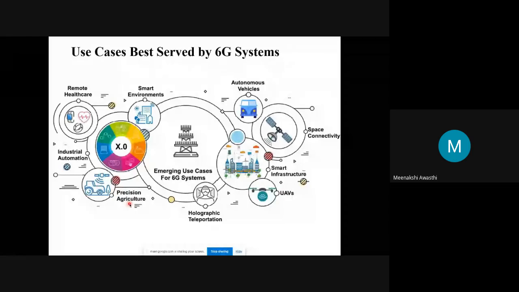Precision agriculture means that depending upon the environmental conditions, the farmer will be intelligent enough to do the farming. We can use the Internet of Things to help the farmer get knowledge of the environment based upon the devices.